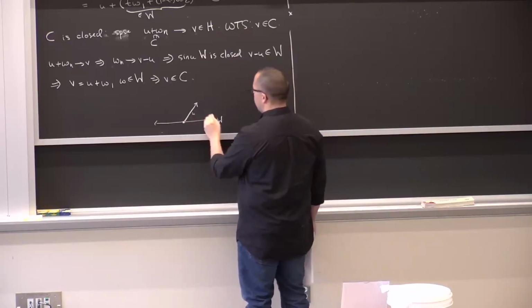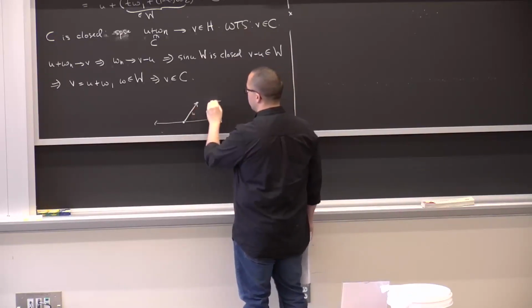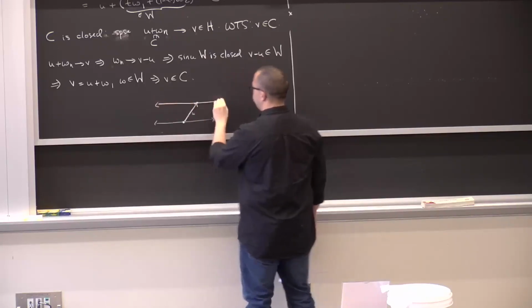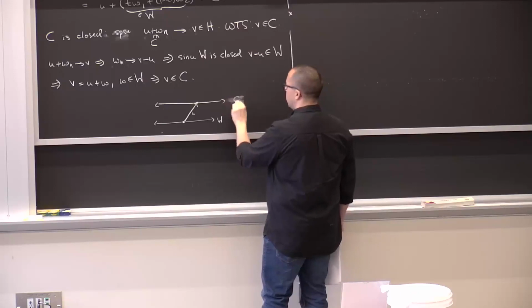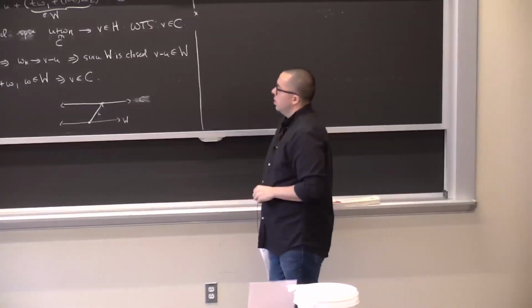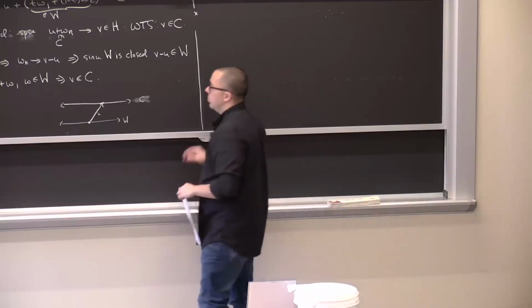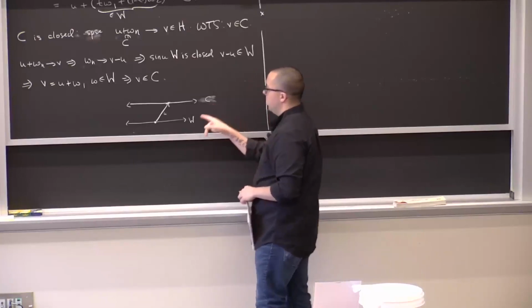U plus W is now the horizontal line that goes through this point. This is U plus W. This is, let's just call it C. Okay? Now, we have this set C, we have W.